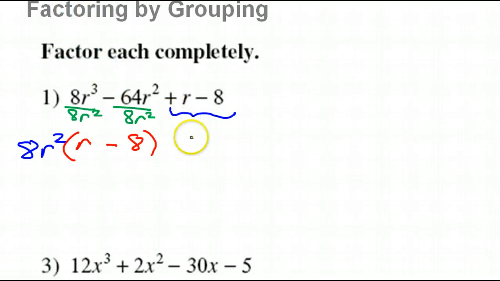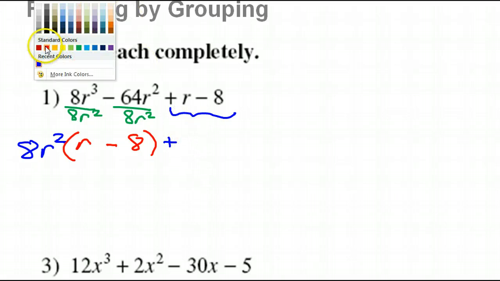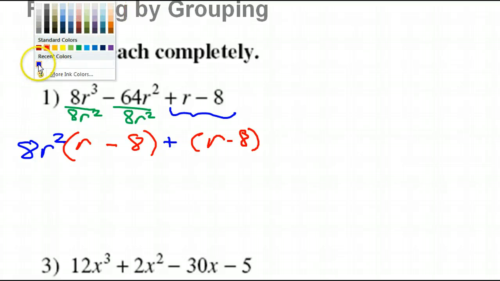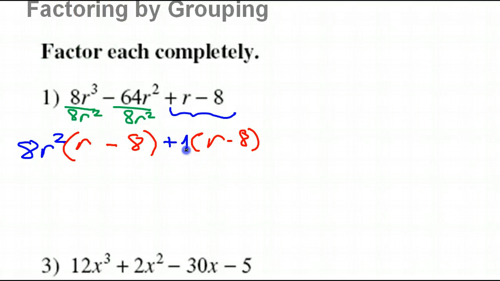Now, on this one, it's already r minus 8. It's even positive. So all you really have to do is go ahead and put this in parentheses, and just put r minus 8. Now, for this method, you're going to want to go ahead and put the 1 in front of the parentheses.